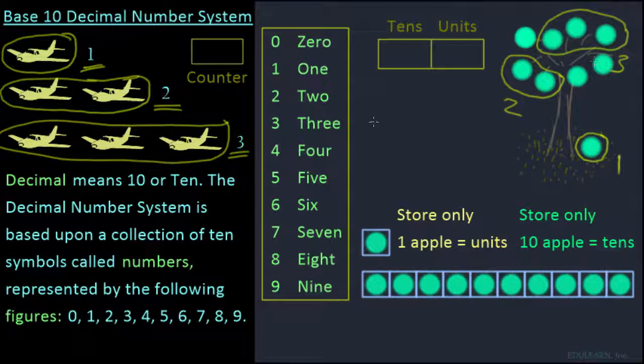In other words, we're talking about what we call quantity, which deals more with a collection as opposed to the items themselves.